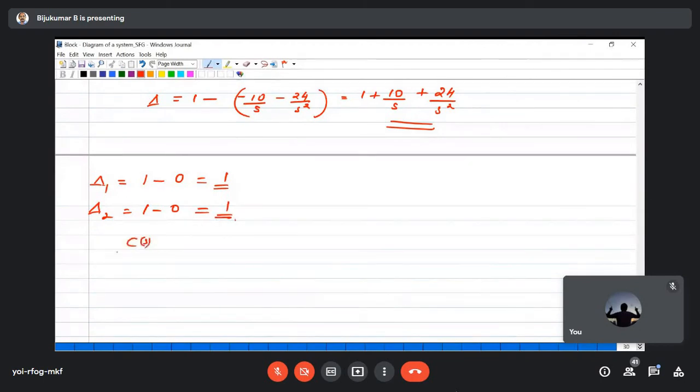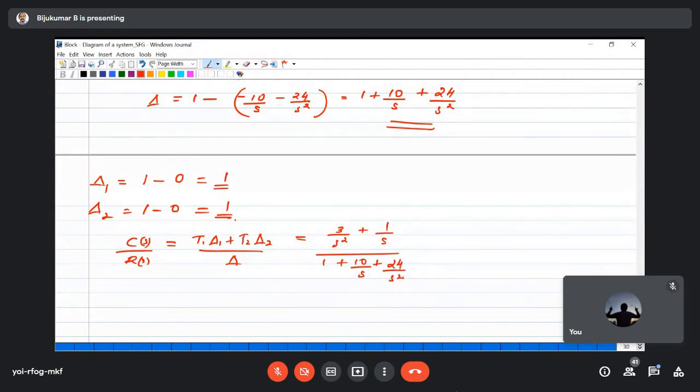So finally, we can write C of S by R of S equal to (T1 delta 1 plus T2 delta 2) by delta, and T1 is 3 by S square plus T2 is 1 by S, right? Divided by 1 plus 10 by S plus 24 by S square.